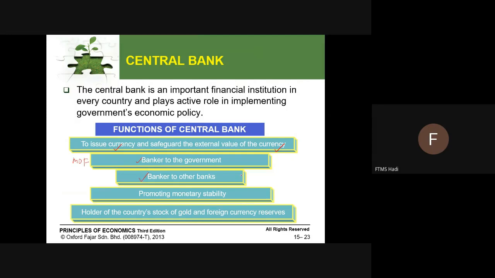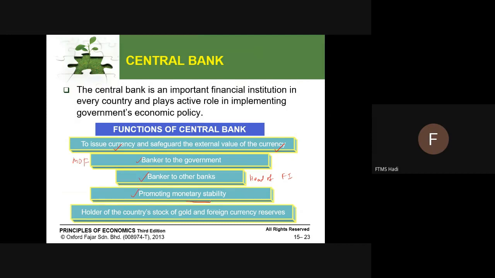Banker to other banks, again as head of financial institutions. If a bank has a problem or issue, the central bank becomes like a father and tries to help and salvage the damage done by the particular bank.